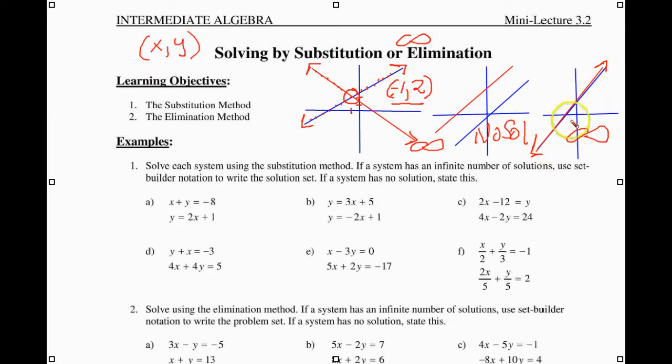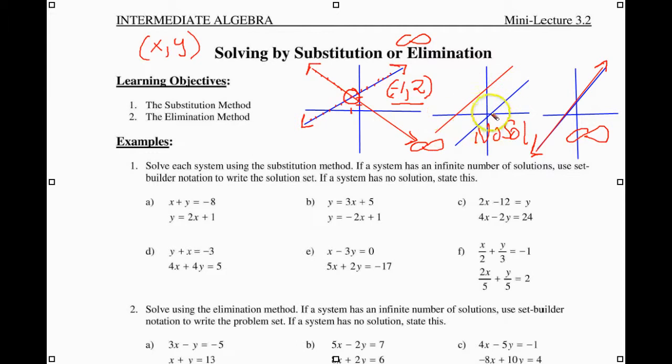So these are the three scenarios that you get when we are solving systems of linear equations. And if we were graphing them, this would be the results. If we got one ordered pair, that would be the unique solution where these two lines intersected.